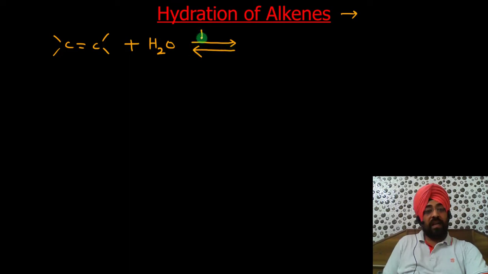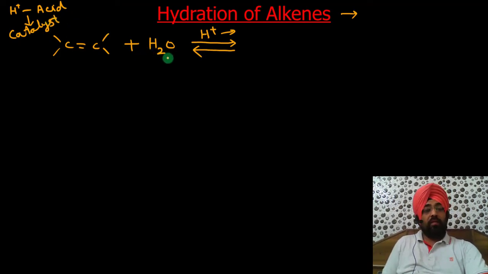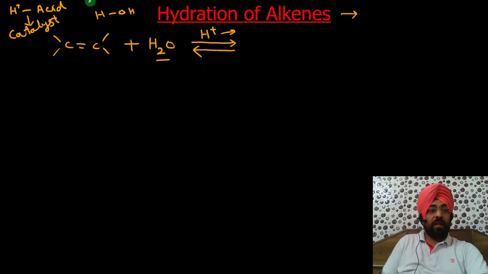This is catalyzed by strong acid, so I will write H positive. H positive is for acid and it acts as a catalyst. So this addition of water to alkenes, which is called hydration, is catalyzed by acids. What will happen? Water we can write like this: HOH. It is partial positive, partial negative.